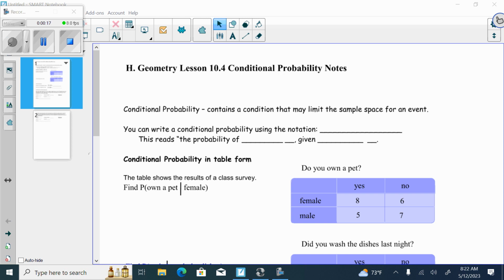We write our conditional probability using the notation P, standing for probability, of, using a parenthesis, some event B given, is just this line, some event A. And this reads the probability of event B given event A.